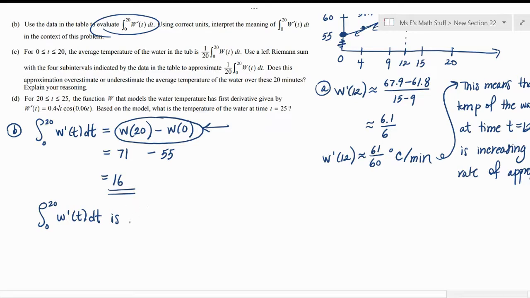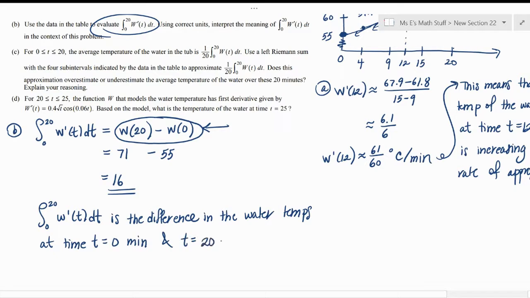So I would just say it is the difference in the water temperatures at time t equals 0 minutes and t equals 20 minutes. There you go. Is the difference in the water temperature. You could also say difference in the water temperatures. I should add this in degrees Fahrenheit. I should add that in. Now let me reread it, make sure I got it.